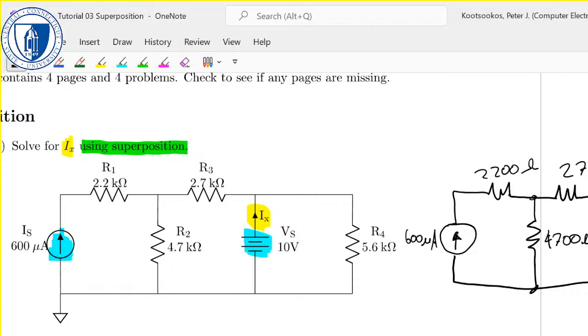I've placed a short circuit across R4. So that means R4 doesn't matter. The voltage on one side of R4 is the same as the voltage on the other side of R4. So I can redraw the circuit again.